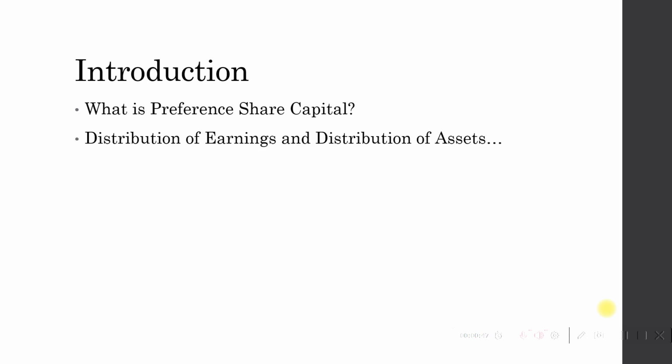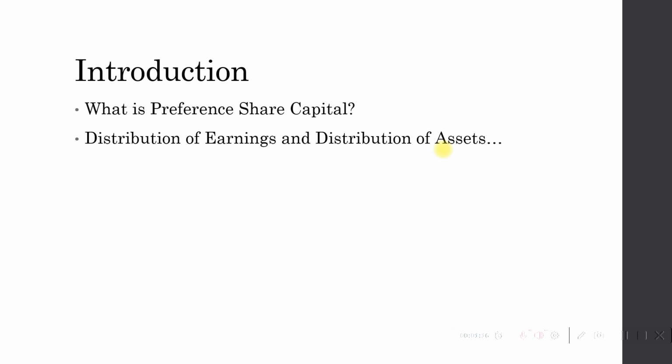Now, the distribution of earnings and distribution of assets. The position enjoyed by the preference shareholders is a position above equity shareholders, a general preference in income with respect to distribution of earnings. Also in the distribution of assets, in the event of liquidation of a company, they enjoy a position above equity shareholders.